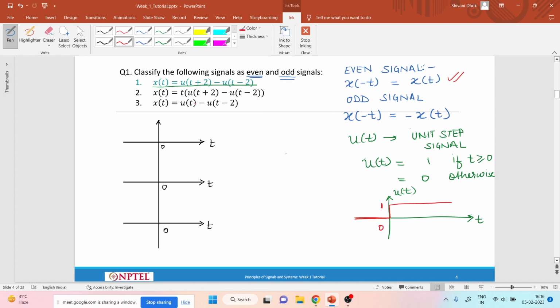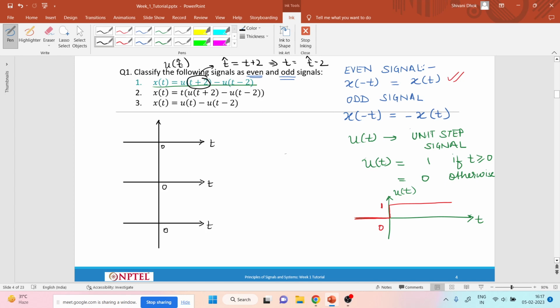How can you understand that? You can just look at this part here, t plus 2, and let's say we call this t plus 2 as t hat, which implies that t equals t hat minus 2. So this is u of t hat.